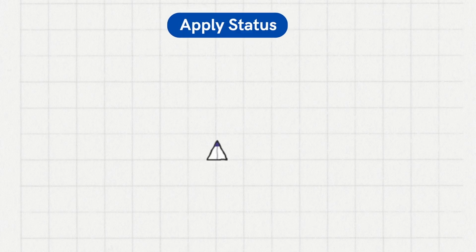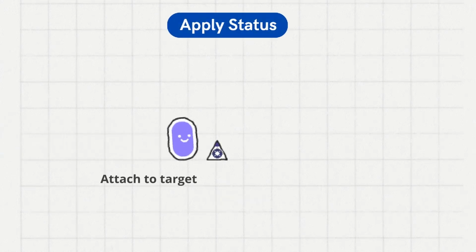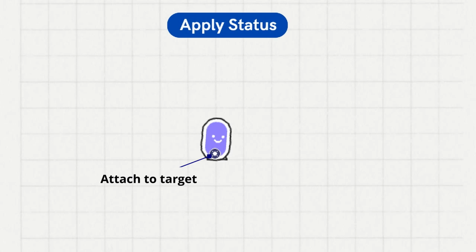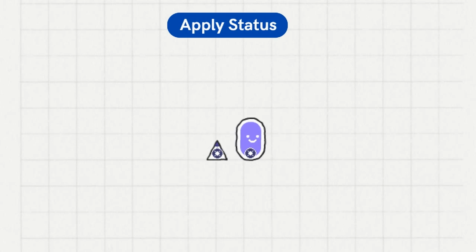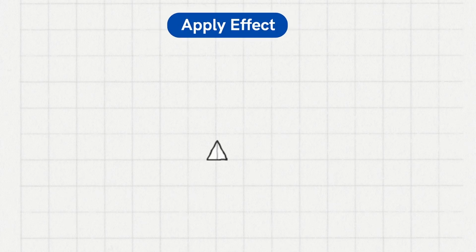How do we apply a status in the game? The standard approach is to assign the status object to the character. This ensures that the status, which is typically long-lasting, remains attached to the character, allowing its effects to persist over time. But what about effects?